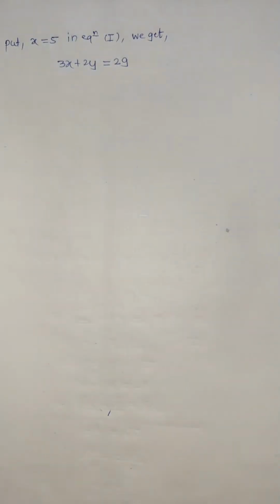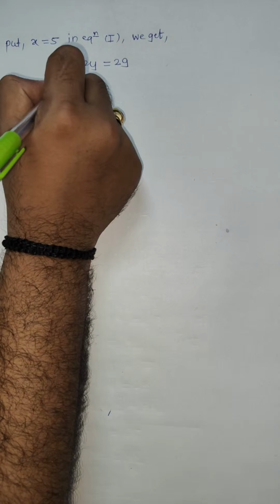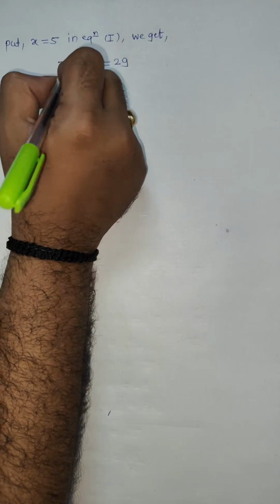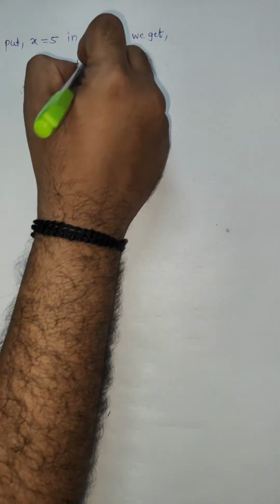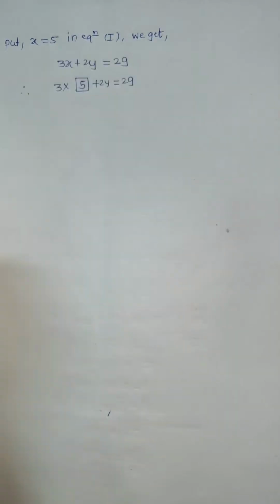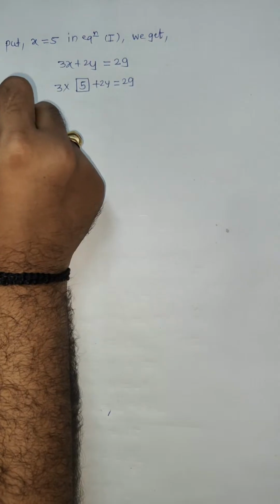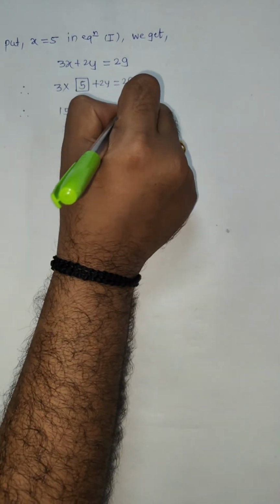Now in the second step, because the value of x is 5, 3 into 5, this is a square box, 3 into 5 plus 2y is equal to 29. So 15 plus 2y is equal to 29.